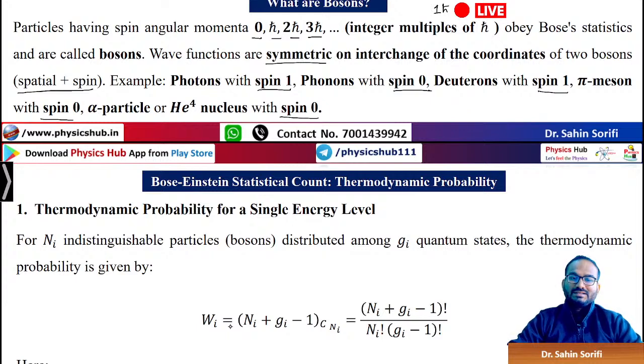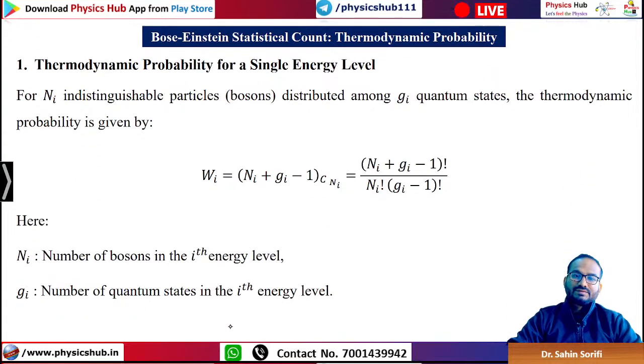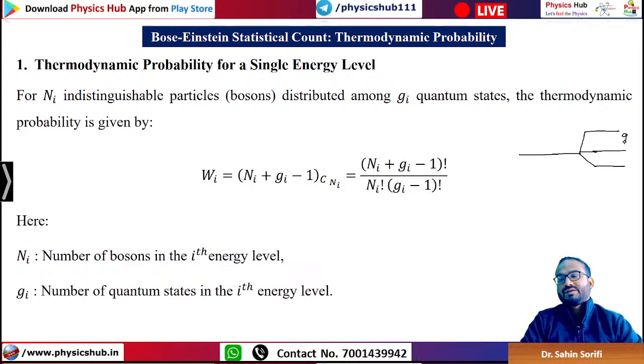Now the Bose-Einstein statistical count. This is what you have to remember. It is the thermodynamic probability for Ni indistinguishable particles or bosons distributed among Gi quantum states. If you are given an energy level which has Gi degeneracy, in how many ways can you distribute Ni bosons into these Gi states?